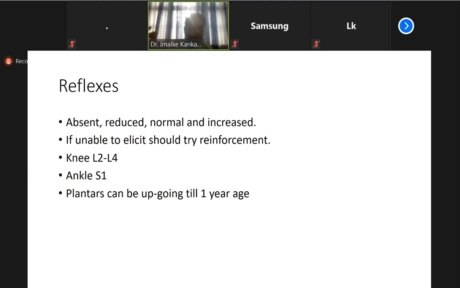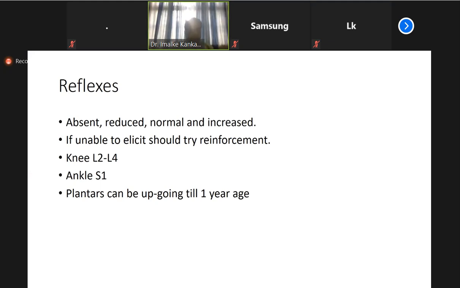Now, lower limb power of 5 or 4 definitely should have reflexes, right? If you could not elicit it, you can ask the child to do certain maneuvers like reinforcement, right?